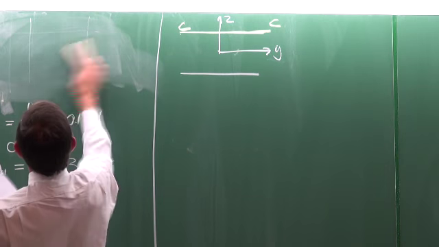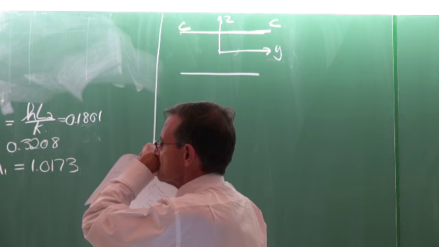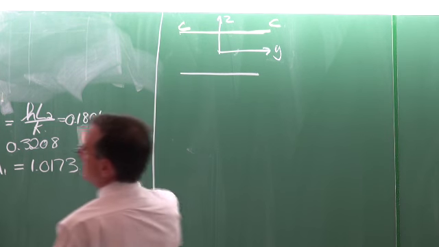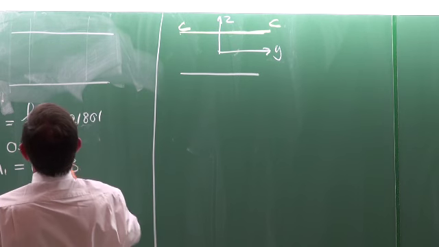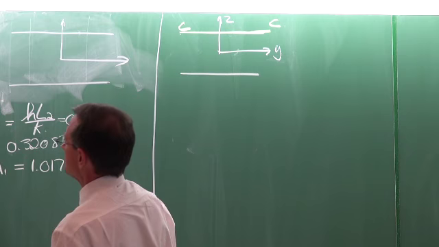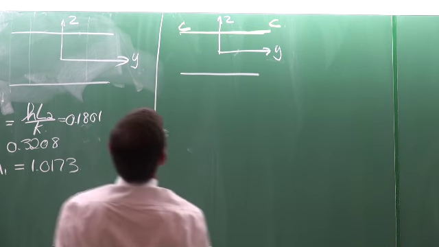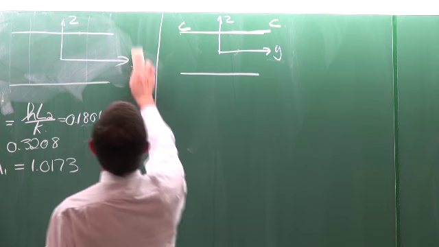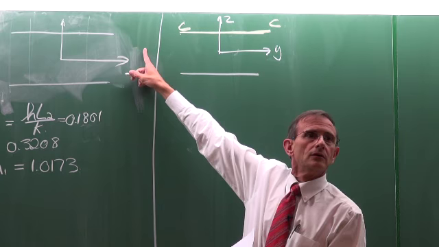So with this one, we should also get it like that. Y and Z. It's the same as that one. So this one should be X.